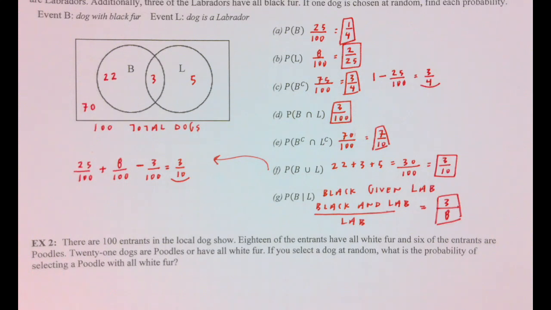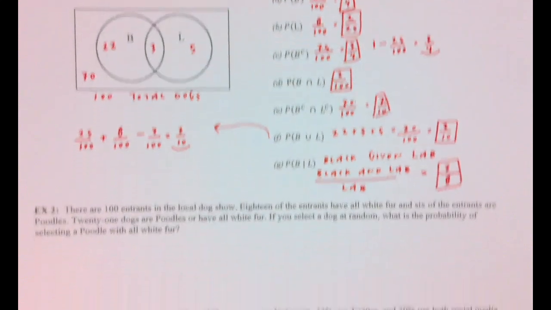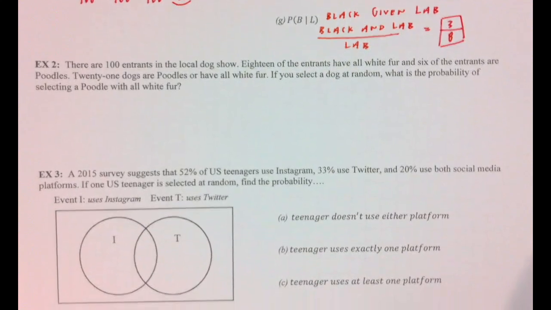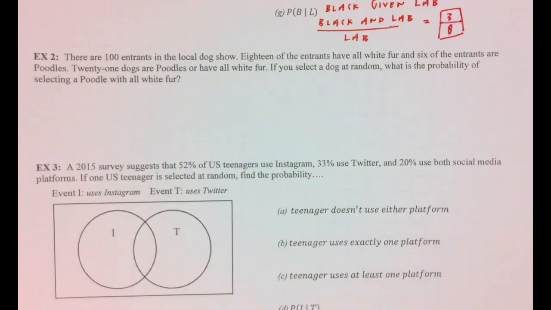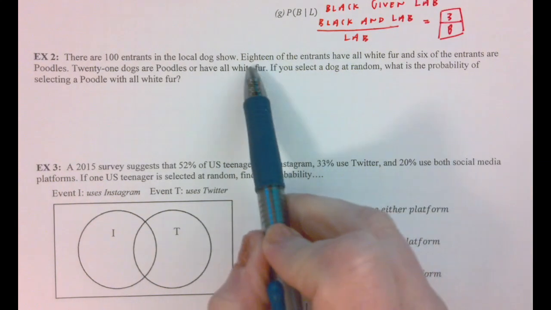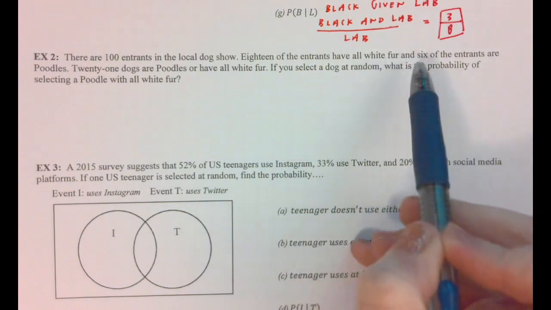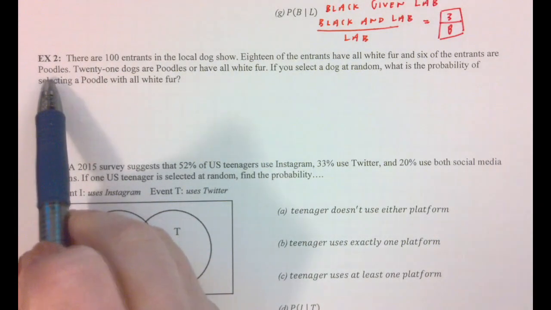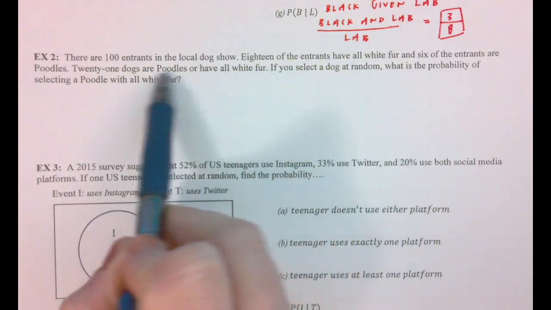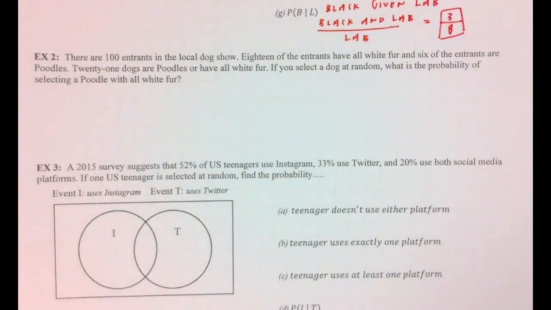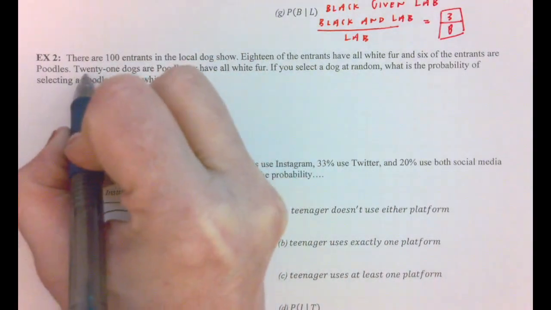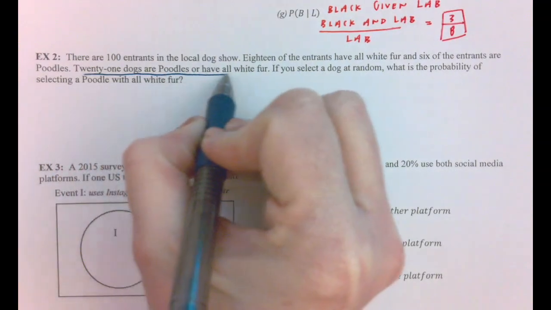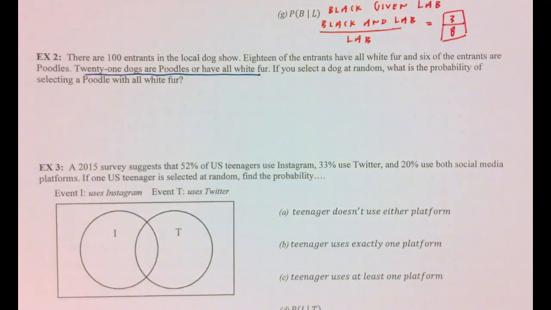Okay, on to the next. More dogs. So here we still have 100 entrants in the local dog show. 18 have all white fur. 6 of the entrants are poodles. In this case, I'm giving you the or. So here I'm saying that 21 dogs are poodles or have all white fur.